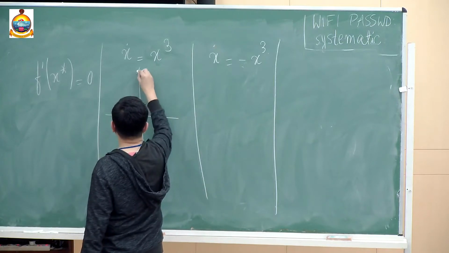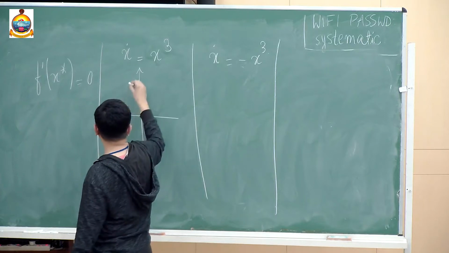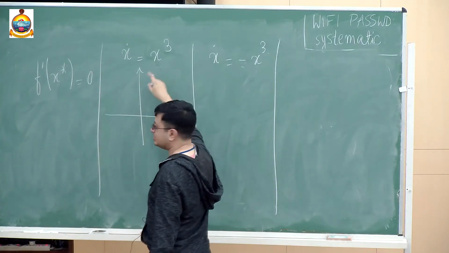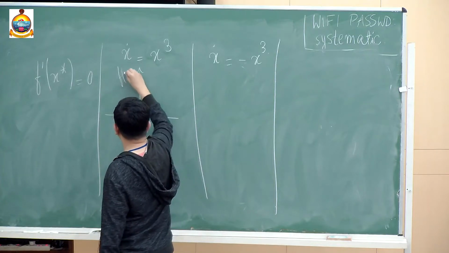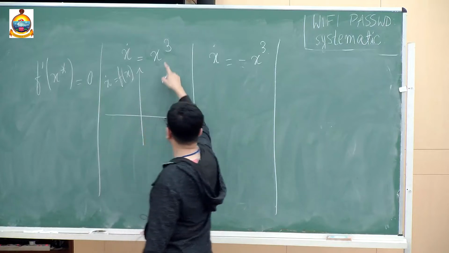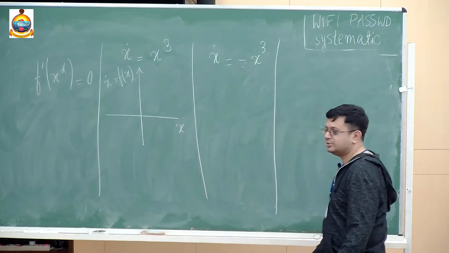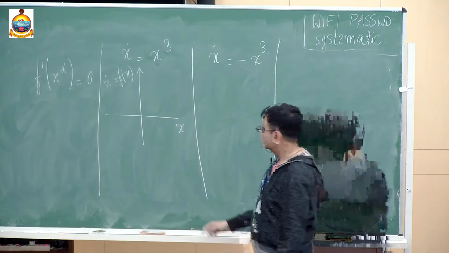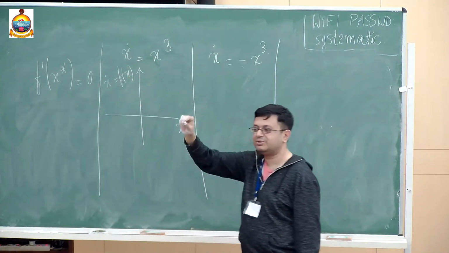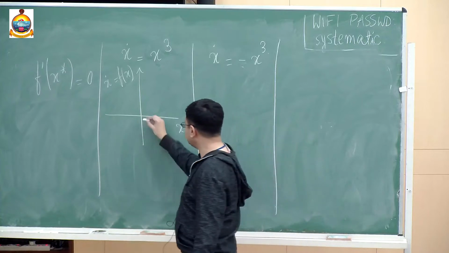So remember what I have to plot according to that theory. I have to plot f of x, which is x dot, and here f of x is x cube. So I plot f of x, which is nothing but x dot, as a function of x, and this function obviously goes through 0. If I put 0 here, I get x dot equal to 0. That means 0 is a fixed point.